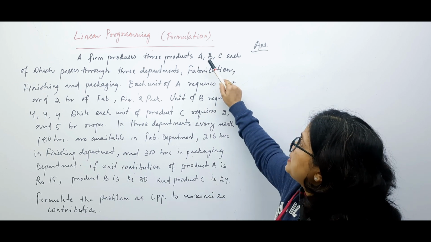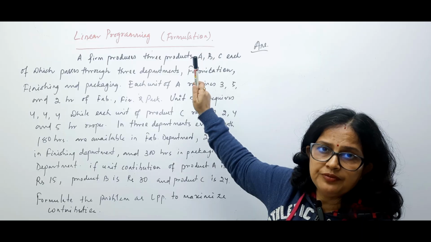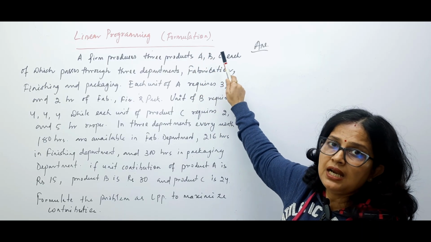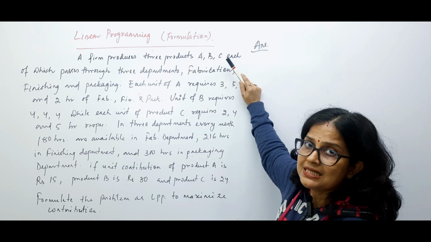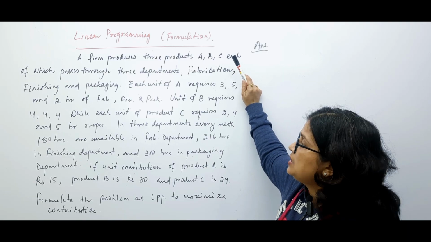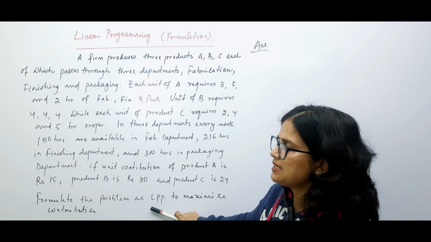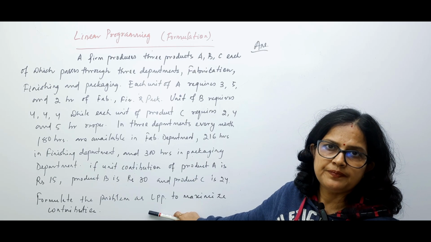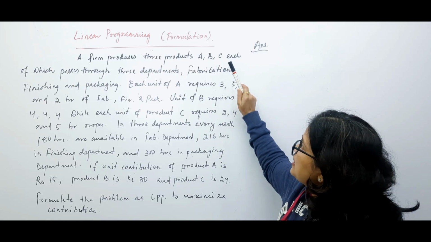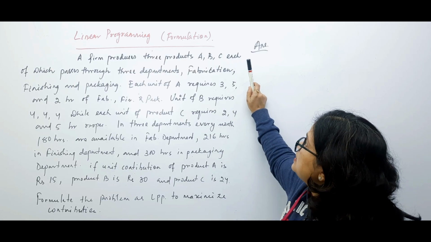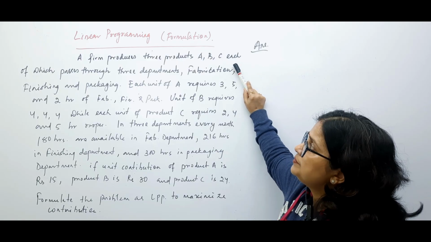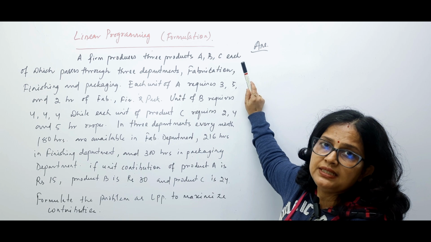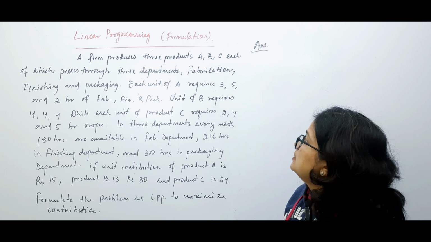Means how many products of A we need to manufacture, how many products B and how many products C to maximize our objective function, or our profit. So the first step of linear programming formulation is to identify the decision variables.